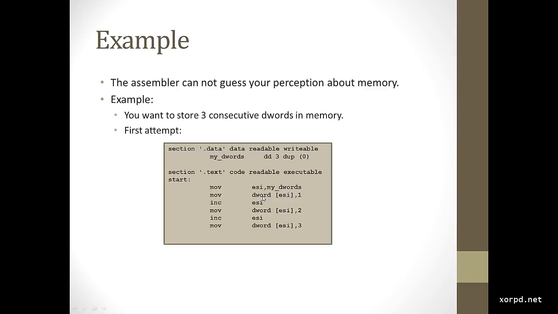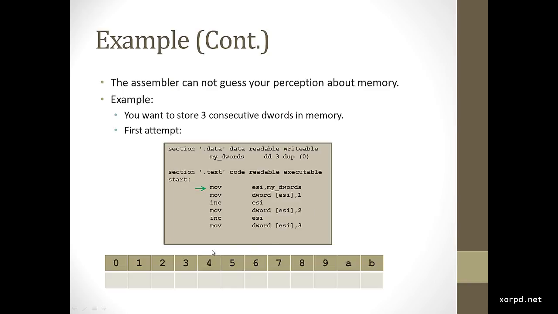And then initially we move 1 into this dword. Let's actually try to understand what is going to happen here. This is the representation of the memory relative to the MyDwords label. So actually you can assume that the MyDwords label begins here. And let's see what happens. First we move MyDwords into ESI, which means that ESI is going to point here.